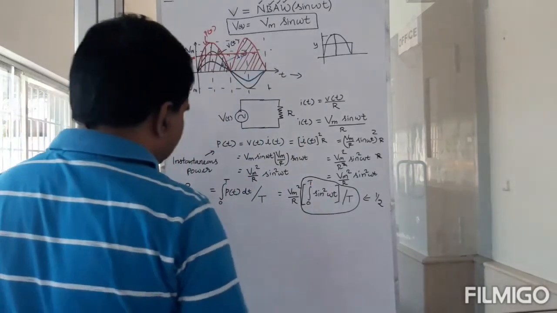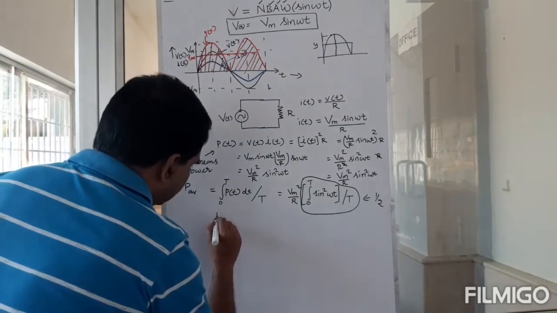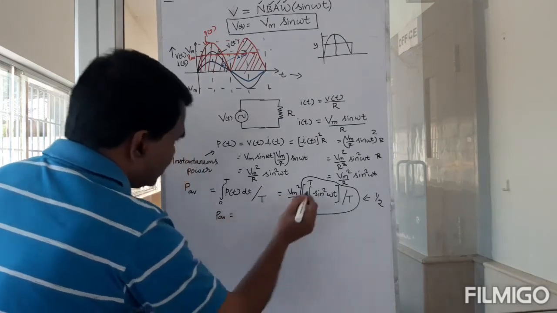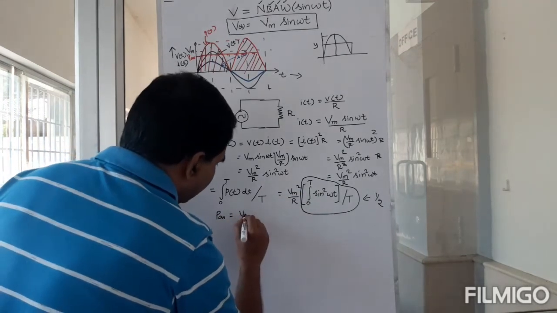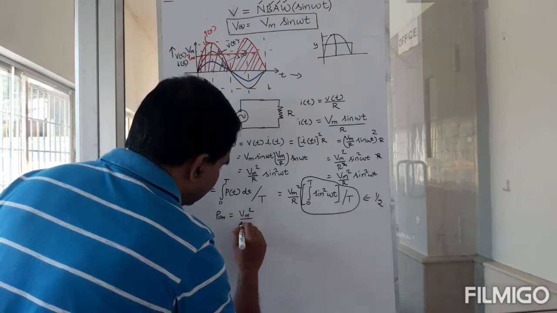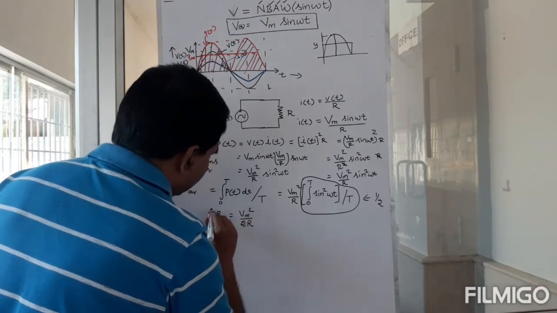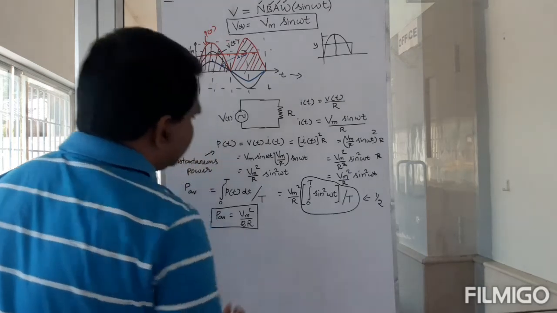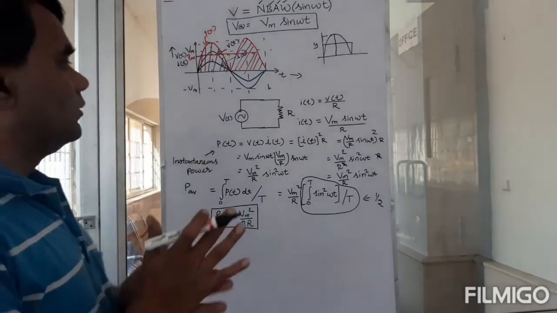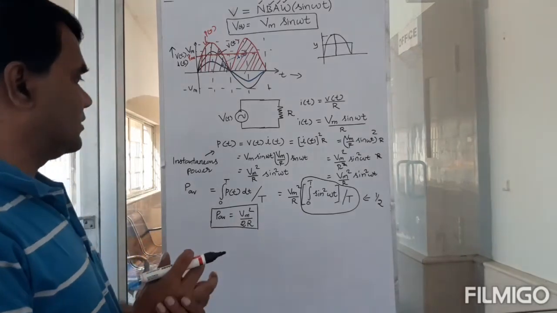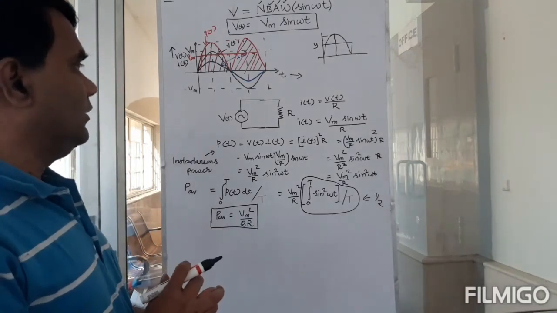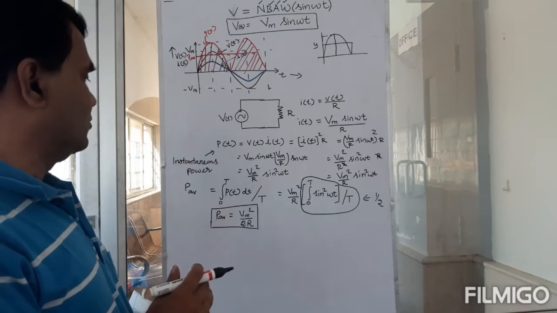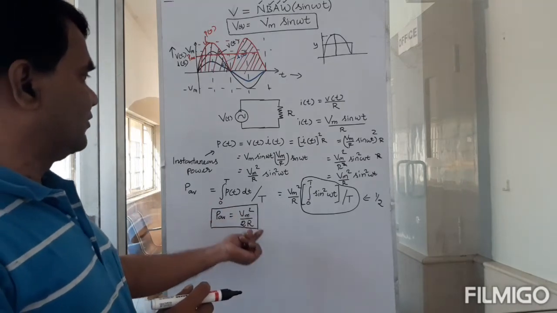So the average power P average is equal to Vm squared by 2R. This is what you get, and I can also do it slightly differently.